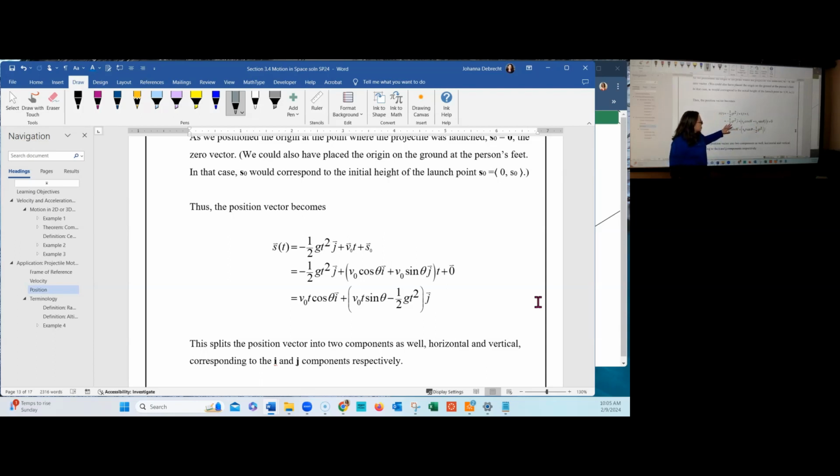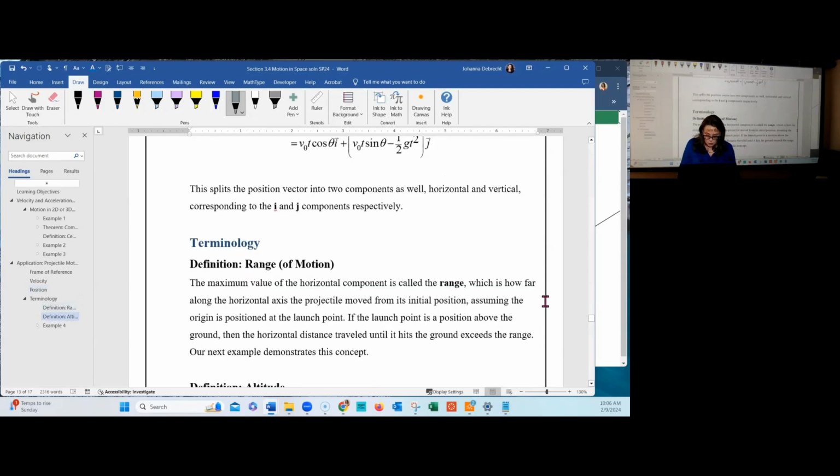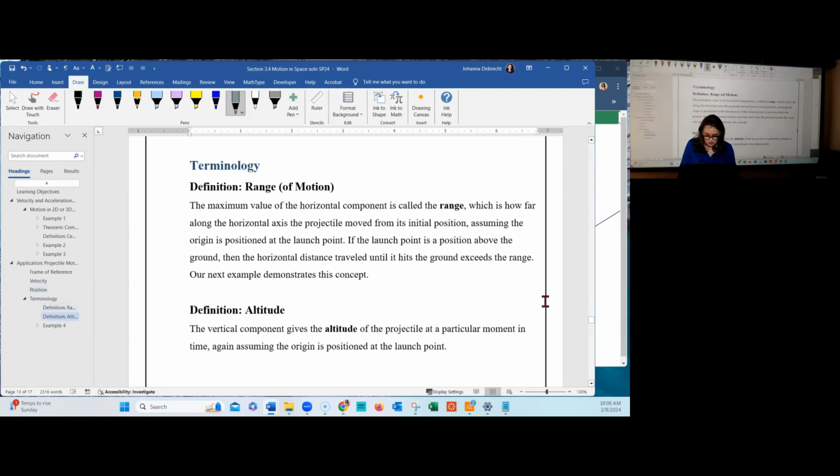So this gives us two terms in the j hat direction, v naught t sine theta minus 1/2 gt squared, and one component in the i hat direction, v naught t times the cosine of theta. So this gives us the position vector, which will tell us where the arrow is at any particular point in time. Now, what is the range of motion and how does that compare with the altitude?